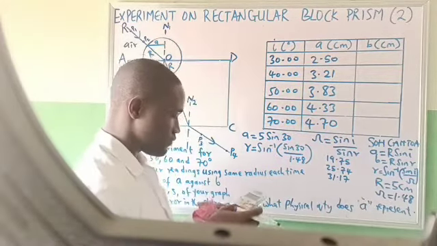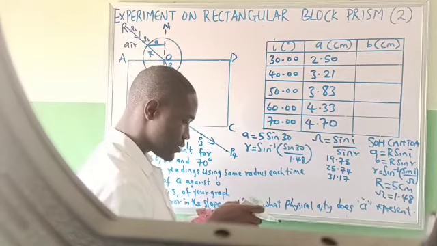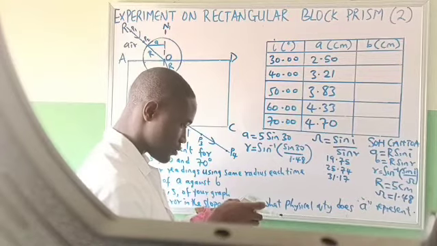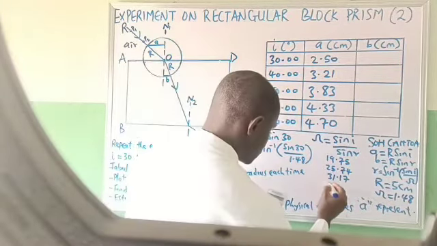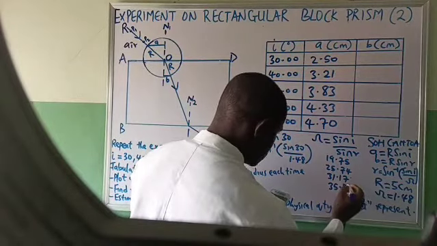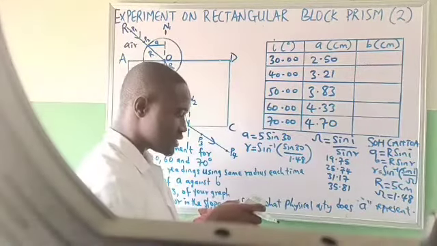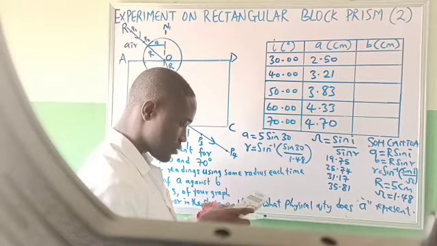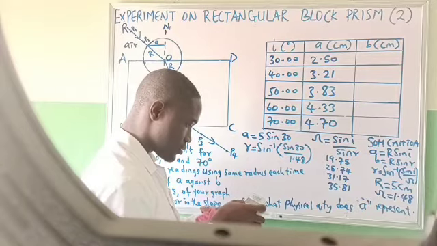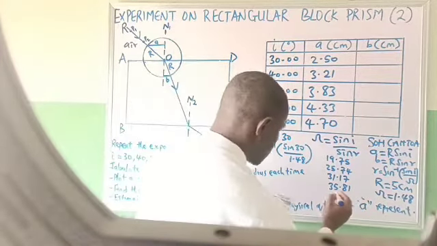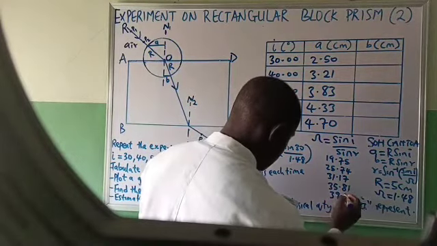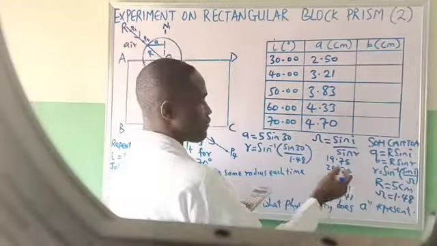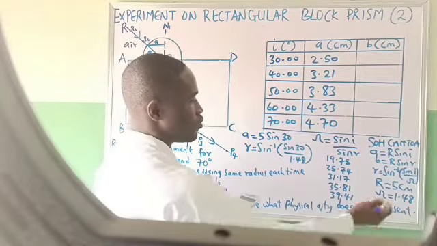We change 50 to 60. 35.81. We change 60 to 70. 39.41. So these are the values of your angle of refraction. We will now put it here.